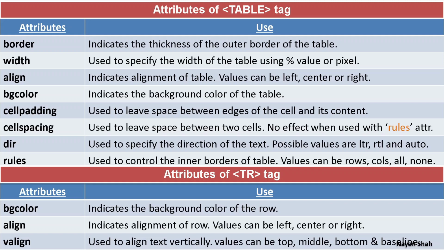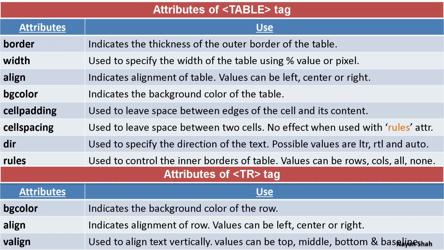Whereas cell spacing is the space between two adjacent cells. So if you don't want two adjacent cells using a common border, you can give cell spacing. Then they will be separated and there will be space between two adjacent cells.